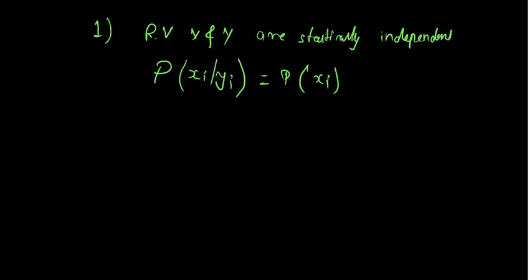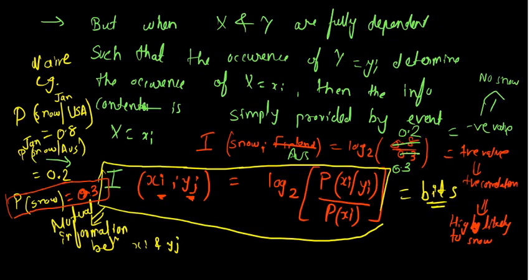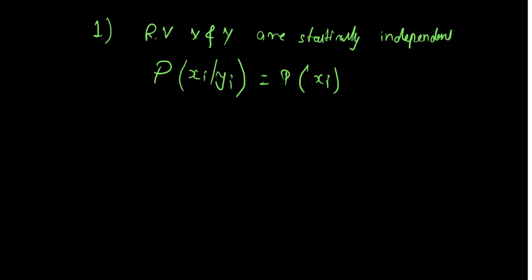Because they are independent. So if we put that here, inside the log both will cancel, and we know log 1 is 0, so we will get 0. So when they are statistically independent, there will be no mutual information among the two random variables x and y.